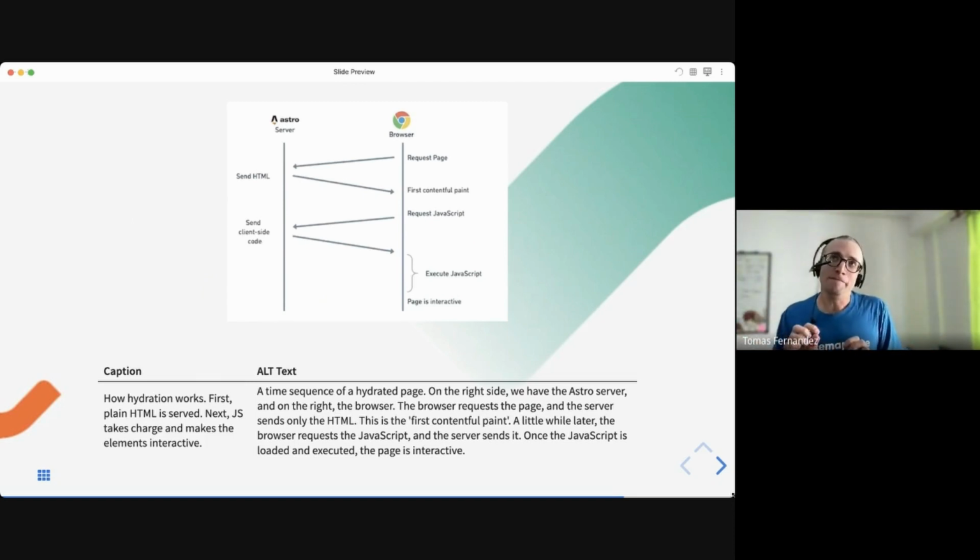What's common is to put a caption in the alt text. If I put the caption in the alt text, it will not help a person who is not able to see the image because it doesn't tell you what the image is about. I think the confusion sometimes comes when we are using Markdown to write, which is a pretty common format. You have brackets to write some text.